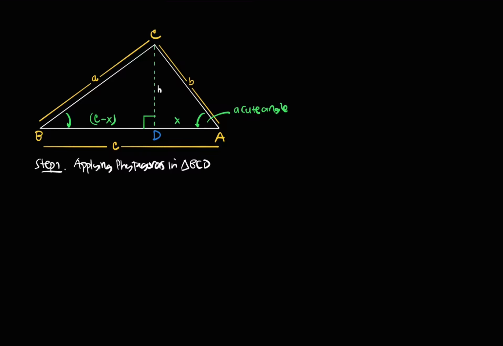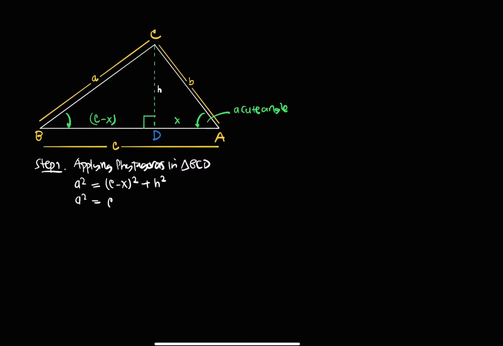So we can find that the square of the hypotenuse equals c minus x squared plus h squared. So we can expand this one.